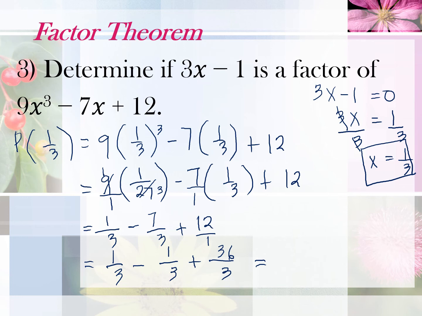Then, pwede nating i-simplify. Copy yung denominator na 3. Then, 1 minus 7 is negative 6 plus 36 is equal to 30. Then, simplify 30 divided by 3 is 10.